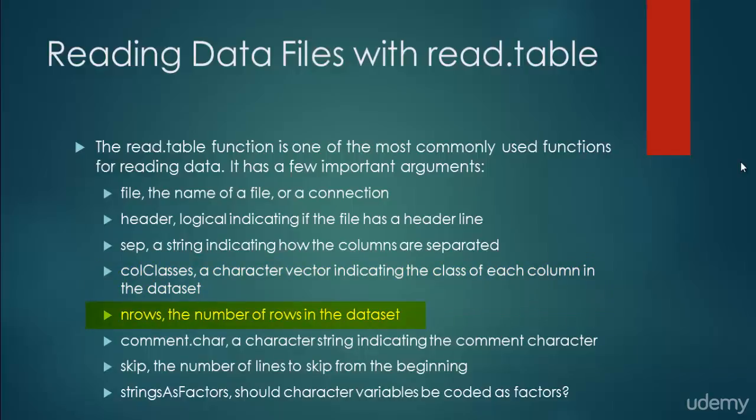comment.char, which is a character string. Again, this indicates whether it is a comment character. Like I said, the hash key can be used to write comments in any table. So if say there are 7 rows in a table and you have a comment which tells you what the functions of each of those columns in the table are, these comments will be marked by hash, and this comment.char will tell you which is the comment character.